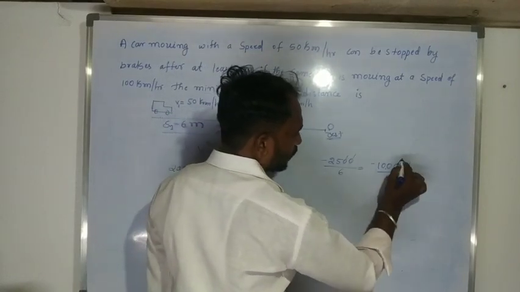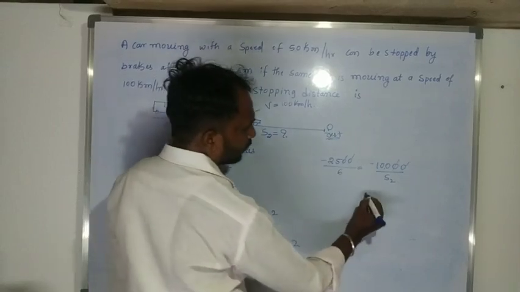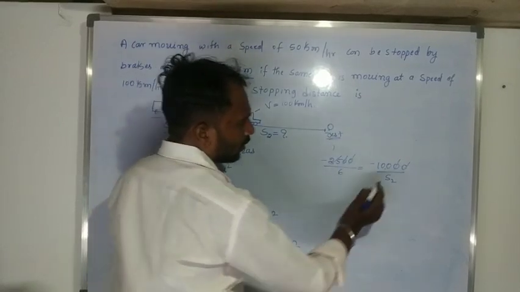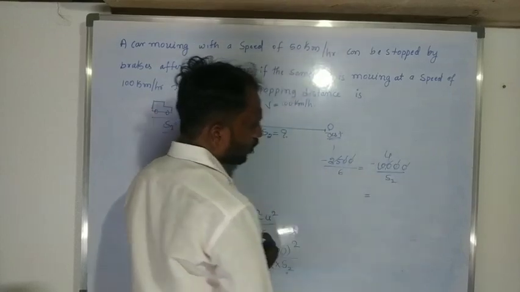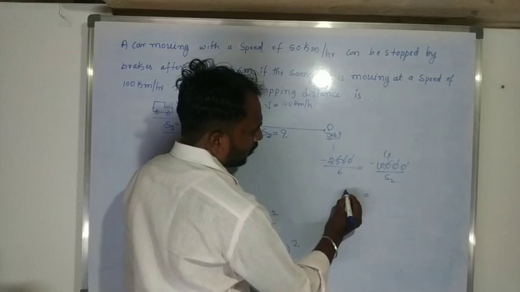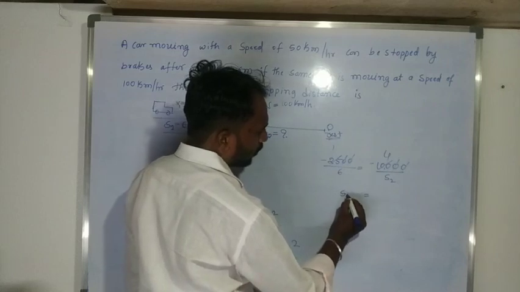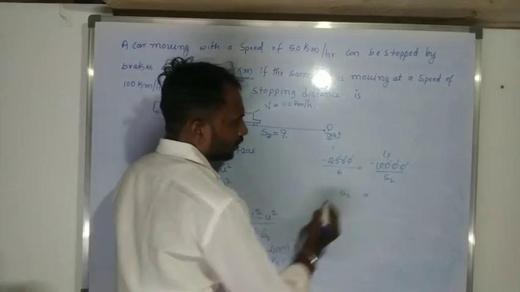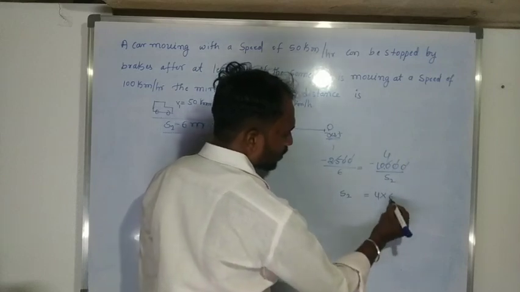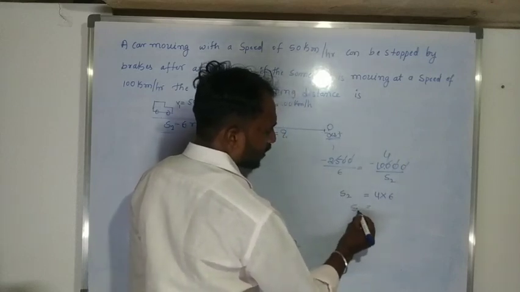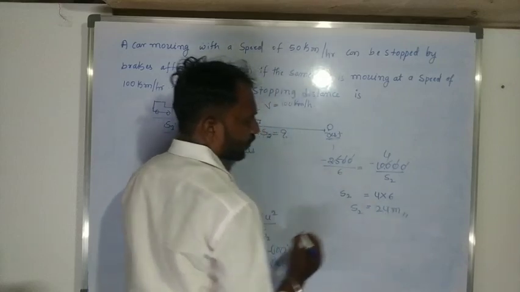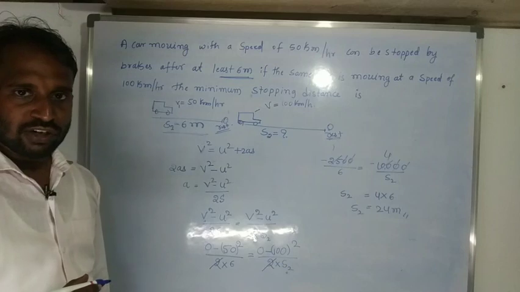The zeros get cancelled, so 1 and 4 s2. So s2 is equal to 4 into 6. So s2 is equal to 24 meter.